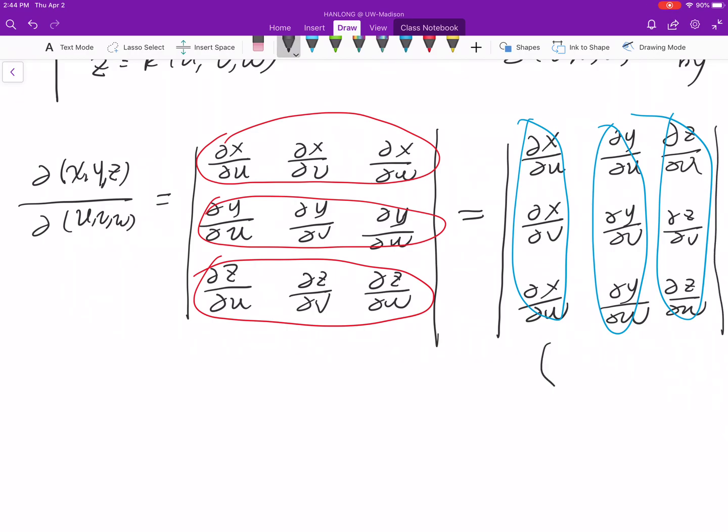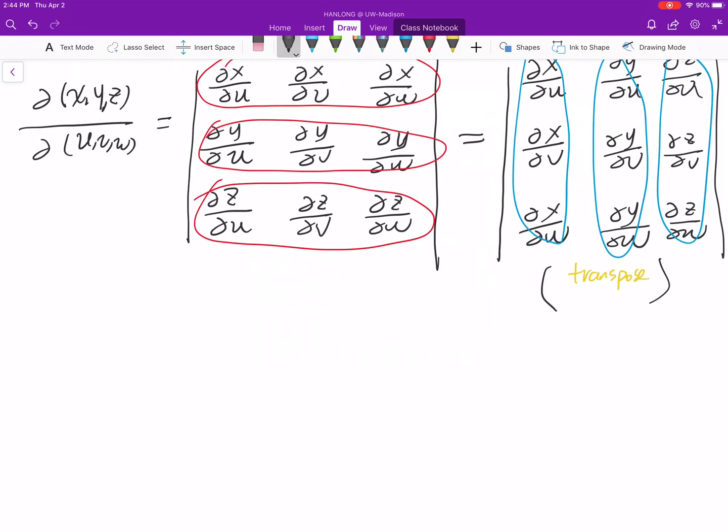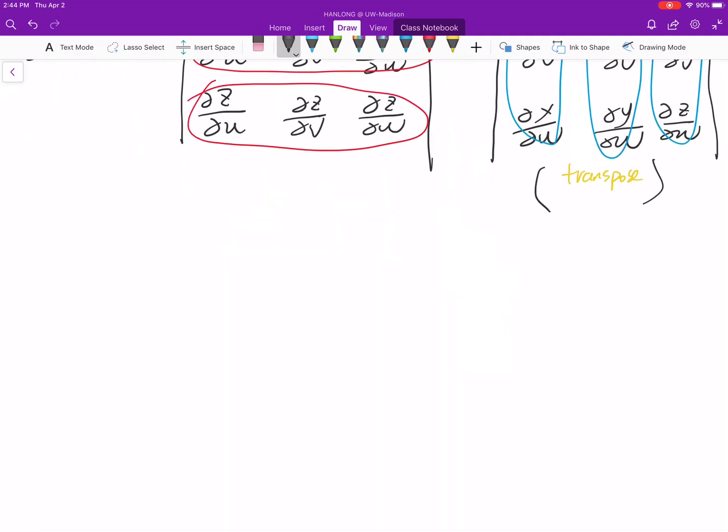Later on you will know this is the transpose of the matrix. The geometrical meaning we will show next time.